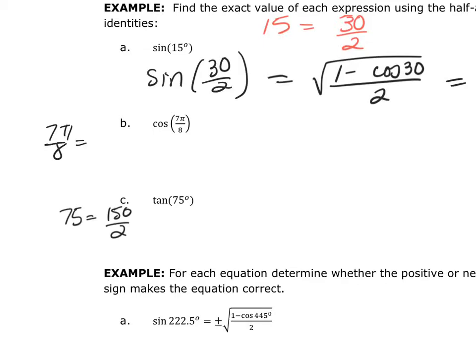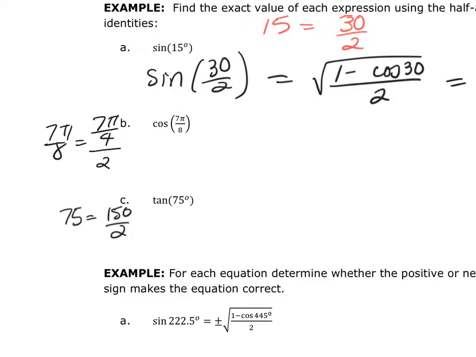Well, it's going to be 14 pi over 8 divided by 2. But I'm not going to write it as 14 over 8 divided by 2. What am I going to write it as instead? I'm going to write this as 7 pi over 4 divided by 2.